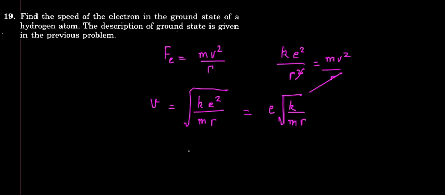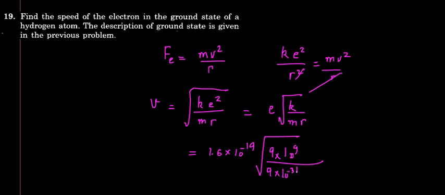So let's substitute the values. This is 1.6 into 10 to the power of minus 19, and inside we have 9 into 10 to the power of 9 divided by the mass of the electron, that is 9.1, let's take approximately 9 into 10 to the power of minus 31 kg, times the radius of the ground state orbit, that's 0.53 into 10 to the power of minus 10 meters. Now let's solve this.